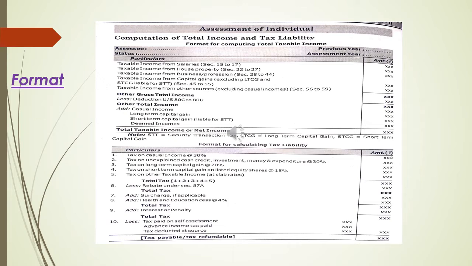There is one more, deemed incomes. Like if there are any unexplained expenditures or cash credit or investments or money where you are not able to explain the source, such items are also taxable at a flat rate of 30%.